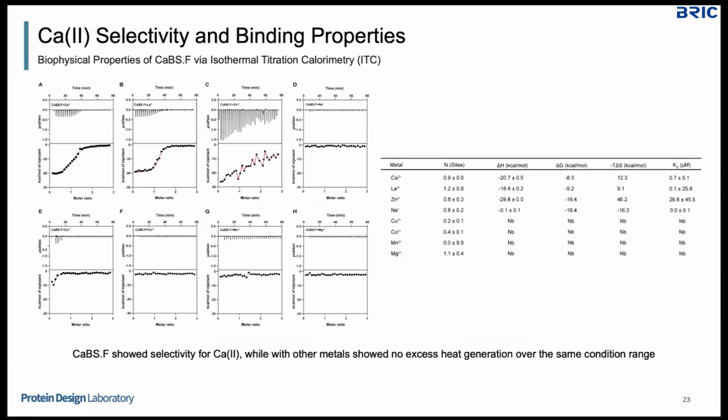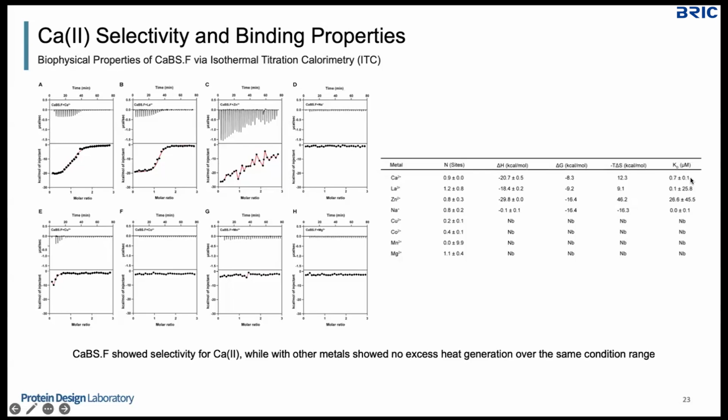Now, even though we've proven the photoactivity and that it binds with the calcium, we need to prove it from a biophysics point of view. So I tested it with ITC, comparing calcium with our indicator to the other metals that were tested. You can see that only calcium and lanthanum bound, compared to the other metals that showed no binding.